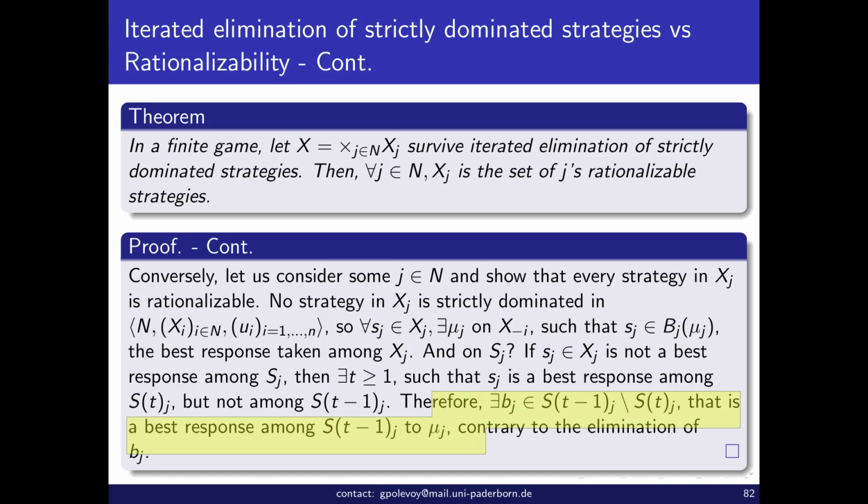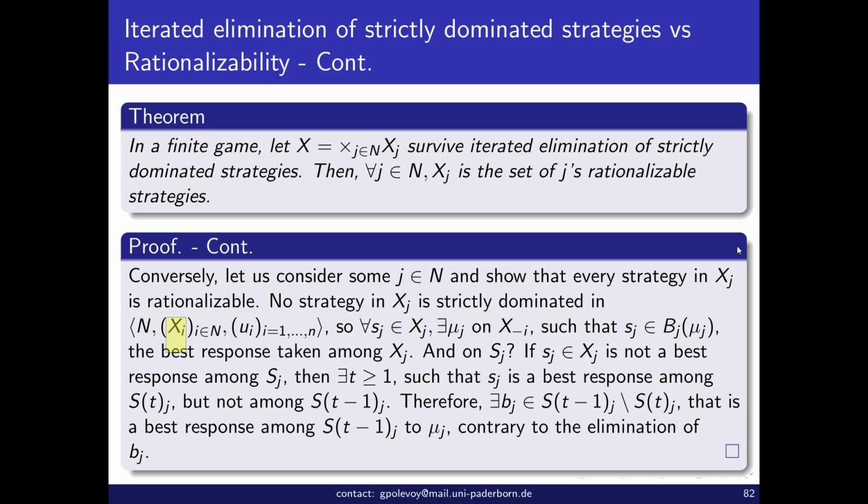Therefore, there is nobody who was not a best response and became a best response. So being a best response among those in Xj, we proved that it implies that it was also a best response among the whole set of strategies. And then it's exactly the definition of rationalizability when those sets we're talking about are Xj.